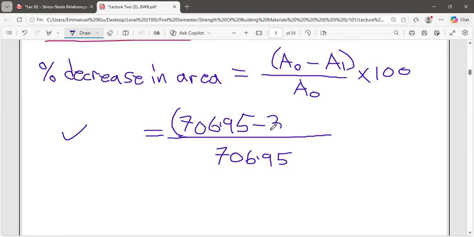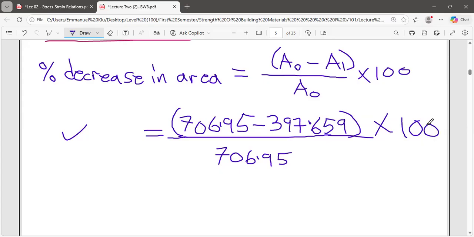As we said, it was 397.659, times 100. So let's all punch this together quickly and tell me the answer.